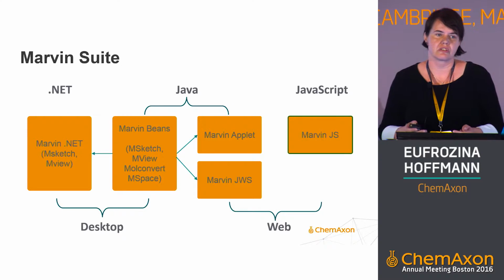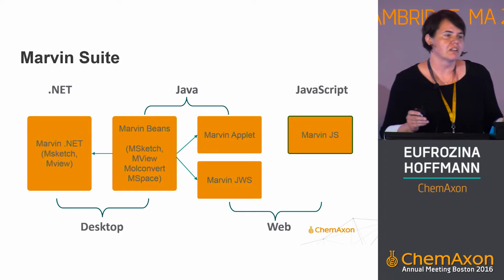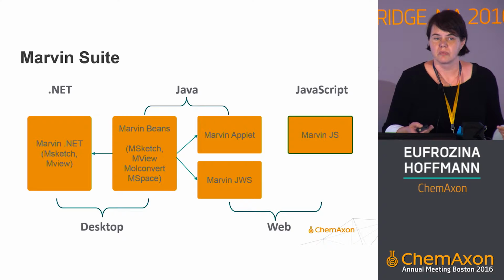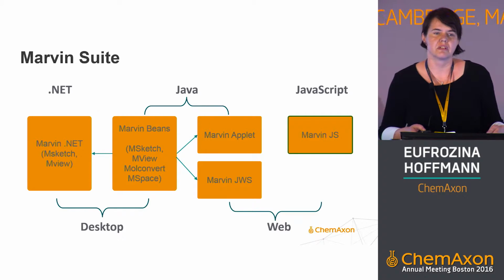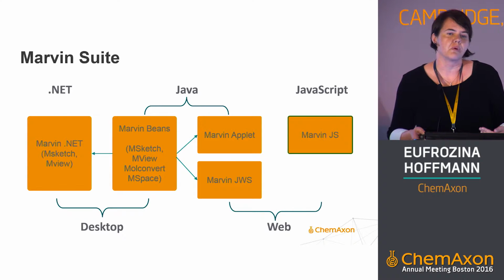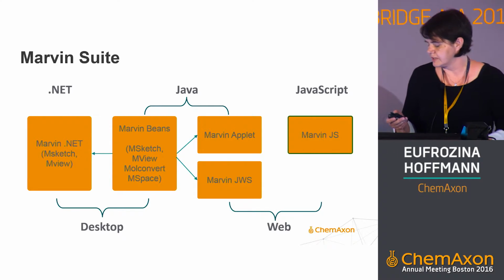Not a direct connection, at least, because several of our chemical intelligence components on the Java side are reused as a web service and help make Marvin JS more chemically intelligent and smart.